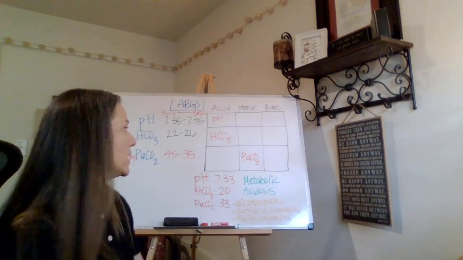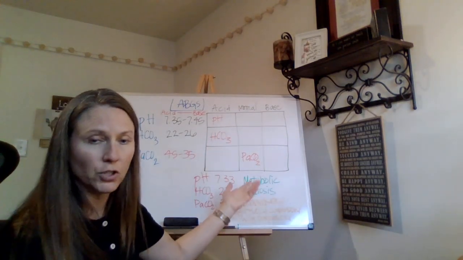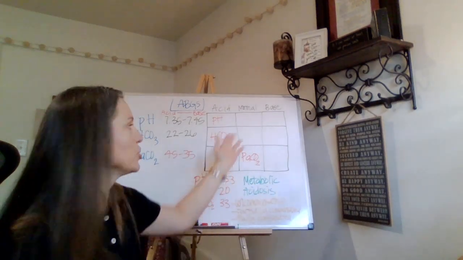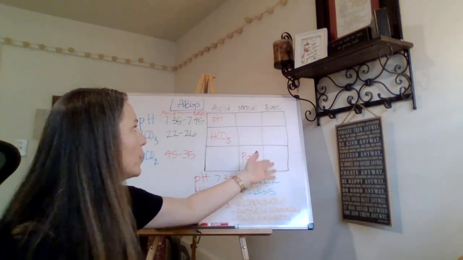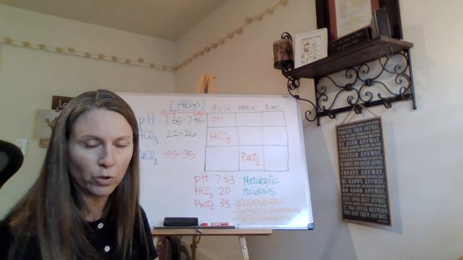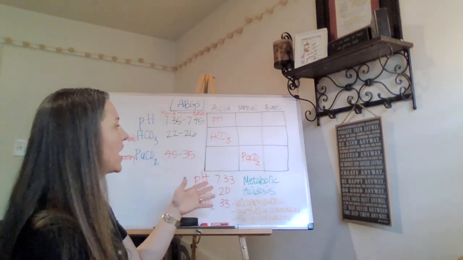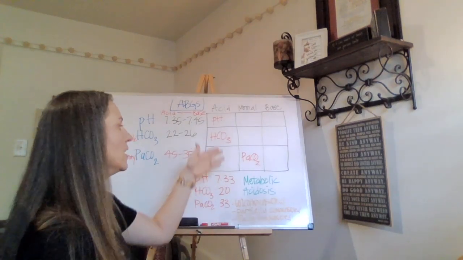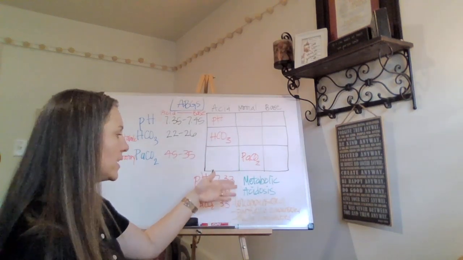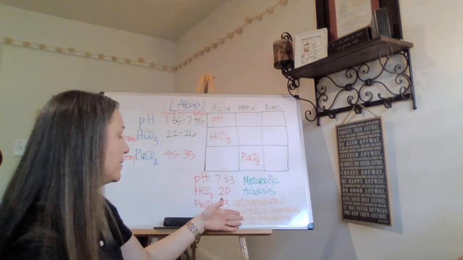It's just hanging out in the normal range, not doing anything to try and pull that pH into a normal range. So that's how we tell the difference between uncompensated, partially compensated, or fully compensated.